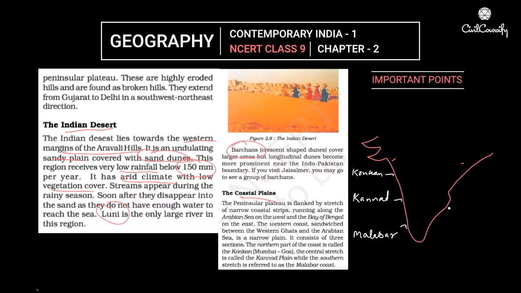When we look at the eastern coastal plains, the northern part is known as Northern Sarkars. The southern part is known as the Coromandel coast. Right, so this is how the western and eastern coastal plains are divided.